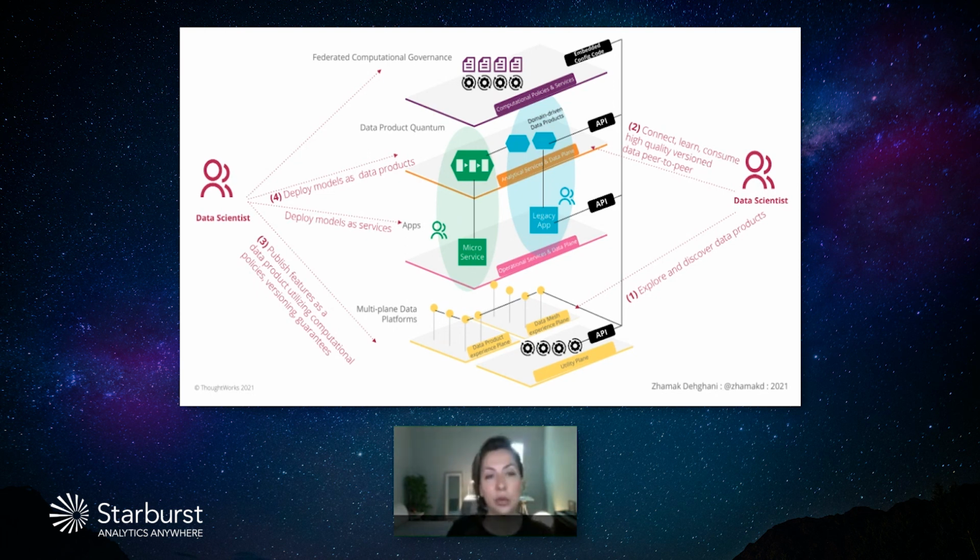And when you discover it, you can see the documentation, you can see the SLOs maintained, again, by the people who are most capable to maintain that data and know about it. And once you explore it and say, yeah, this is the right thing, I want to train my model, let's say you're using some sort of supervised learning, then your feature store, in fact, if you decide to have a feature store, so you may not need to, because your data product doesn't need cleansing and transformation so much, it's built for you.